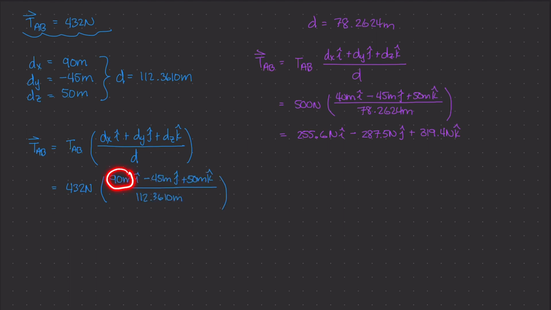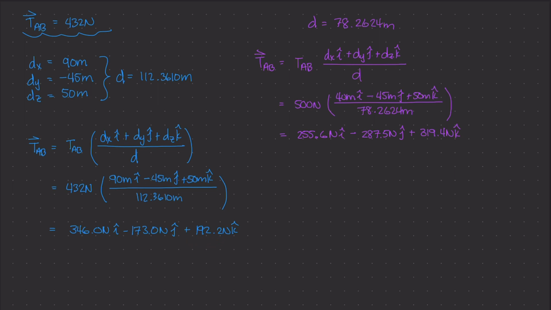So you have the 90 meters, negative 45, and 50 divided by our d value, which was 112. Now, if I simply expand this out, I'll get the three different components for TAB, and those are as follows. So we have a positive 346 newtons in the I direction, a negative 173 in the J direction, and 192 in the K direction.